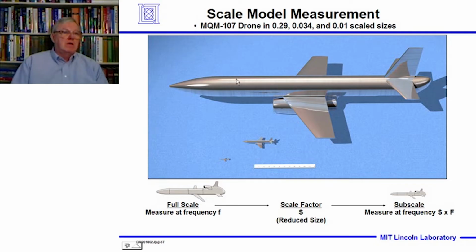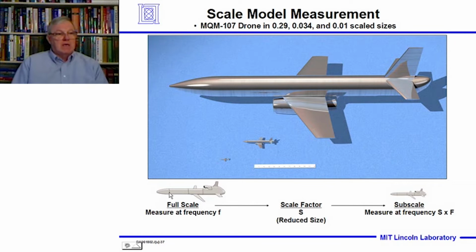Okay. Now here we have a drone, and it's at a 0.29 size, so you don't have the whole plane, you have a model of it. You can make calculations, you can make measurements on scale models, but you have to scale things, and I'm going to go over how you do that.